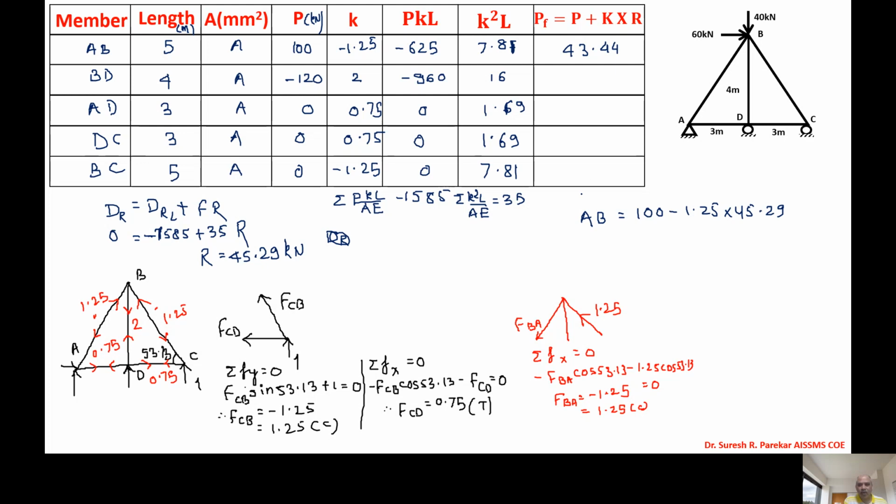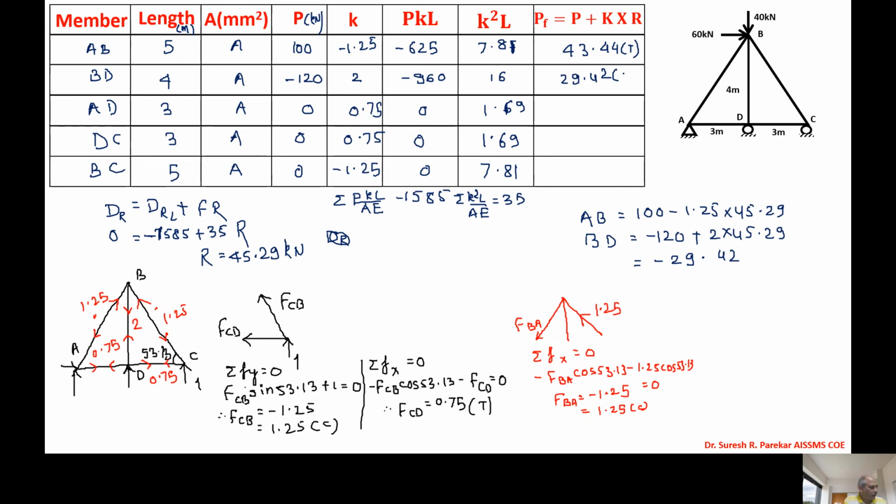Then for BD, minus 120 plus 2 into 45.29, and we get minus 29.42. So AB is plus, so tensile; BD is minus, so 29.42 is compression.